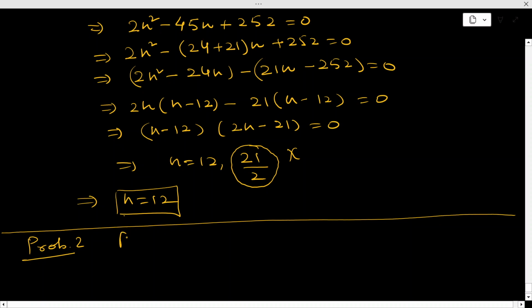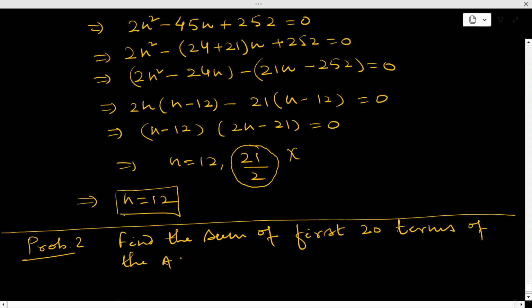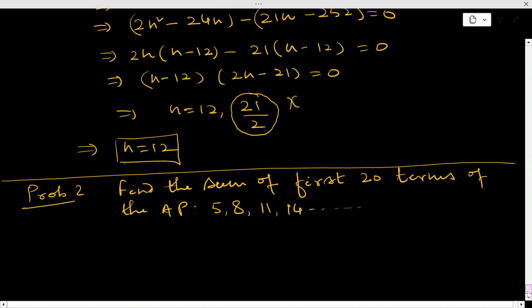So here in this problem, find the sum of first 20 terms of the AP, and the AP is given as 5, 8, 11, 14 and so on. Okay, so we are given this AP.